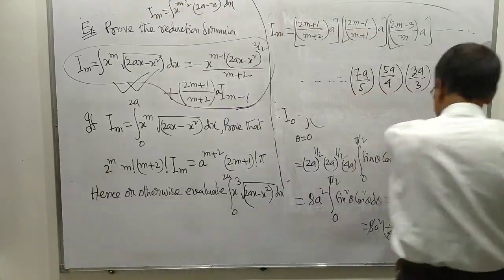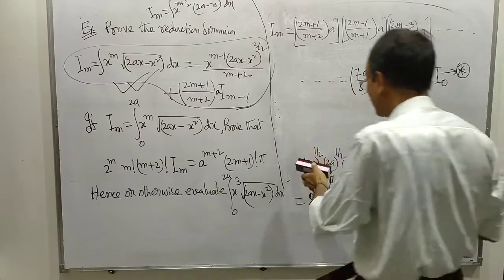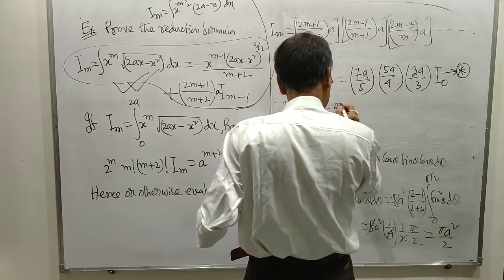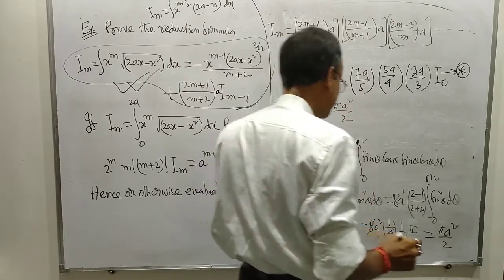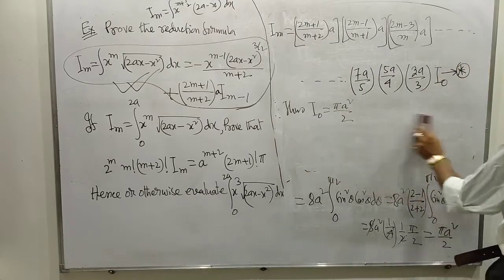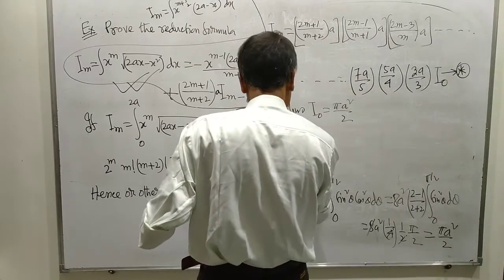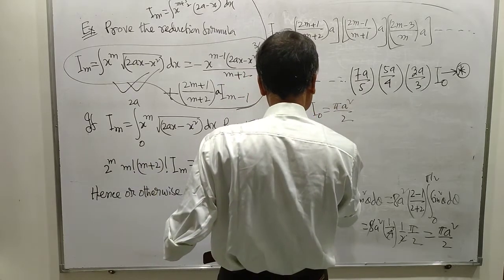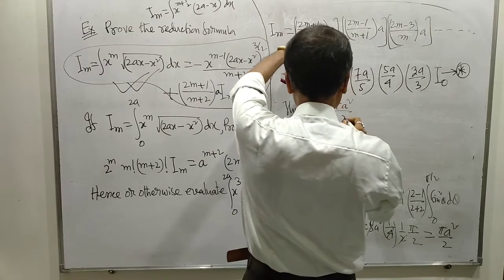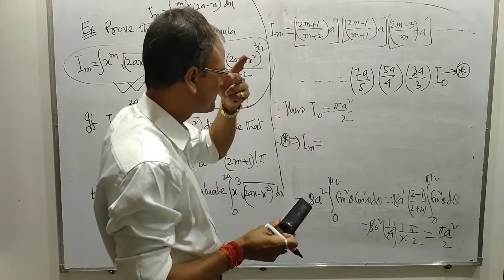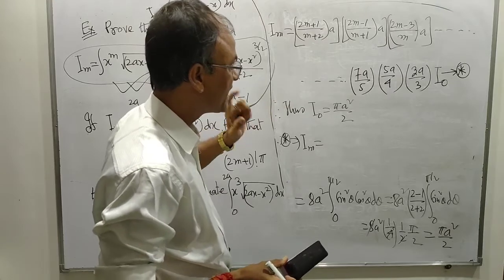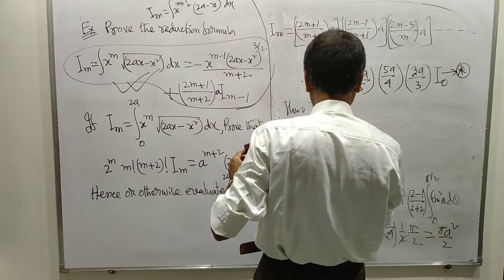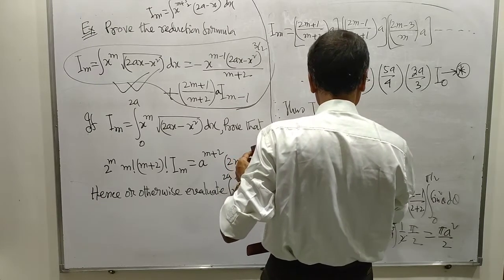Thus I0 equal to pi a square divided by 2. Therefore from star you will get, this implies, I m is equal to, you see here, I m is equal to twice m plus 1 divided by m plus 2 into a.